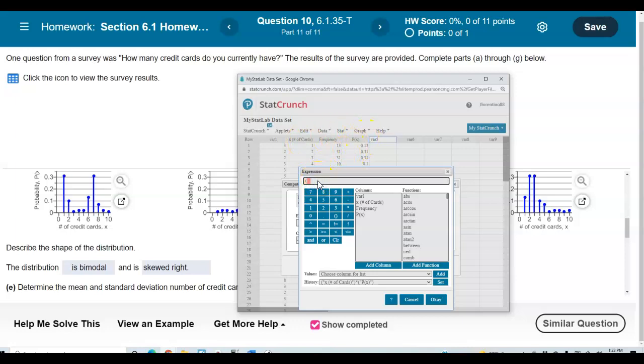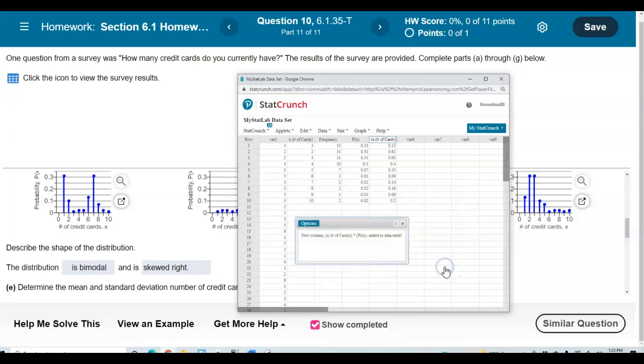So I'm going to take left parenthesis, and click on this column here, and then close the parenthesis, and then say multiply. Then I'm going to open up the parenthesis again, and click on the probability. Okay, and so therefore we're going to multiply these together. So we're going to take this value and multiply it by this, and generate a column here. So let's select OK, and then we're going to select Compute.